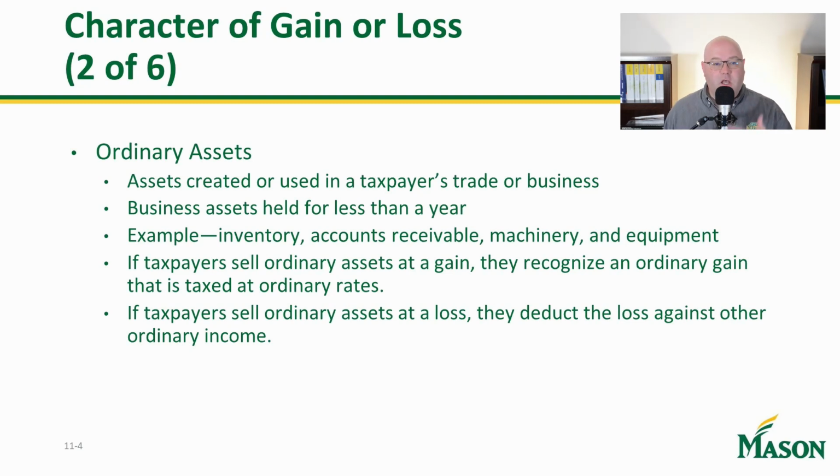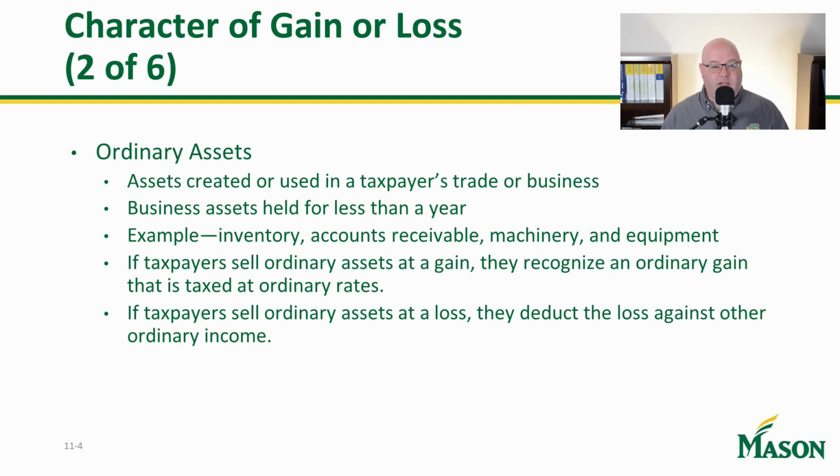So ordinary assets, we've already talked a little bit about this. Examples of ordinary assets: inventory, accounts receivable. I'll be honest, most of the time you're dealing with inventory and accounts receivable as the ordinary assets. When we get to partnerships, we don't talk about dispositions of partnerships in this class. If you go to the master's level class, they'll talk about hot assets.